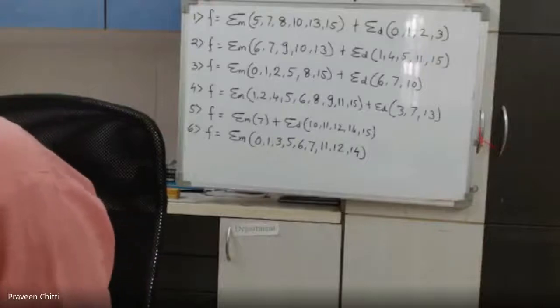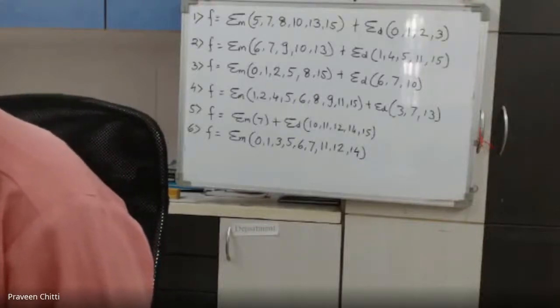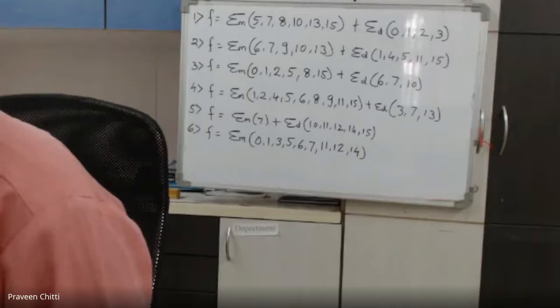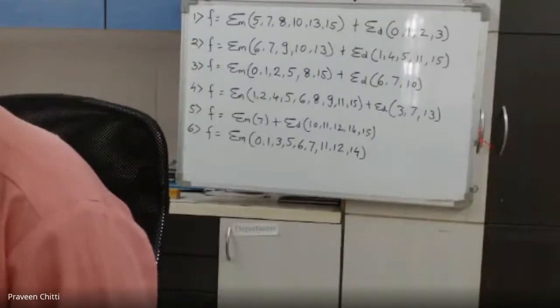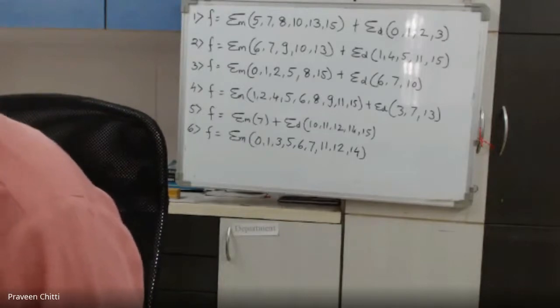To do it as a homework. I hope the board is visible clearly. All the examples written on the board are visible or no? Can someone reply? Yes, sir. Yeah, you just take down these examples. You need to do all these examples as a homework, and then we'll proceed further.